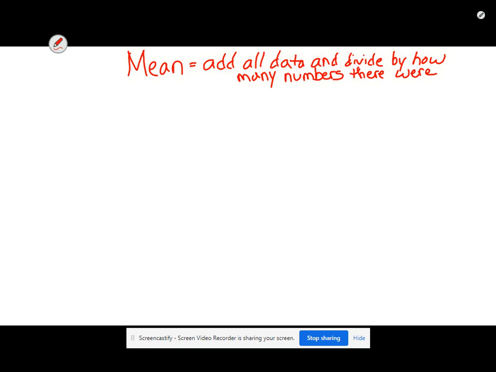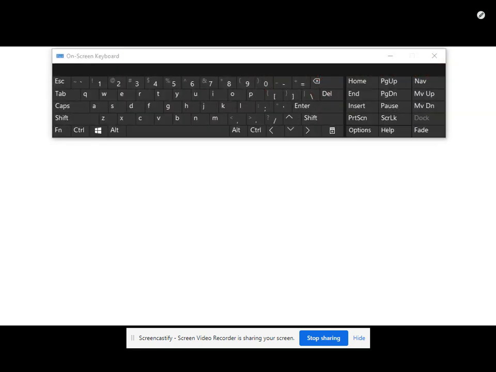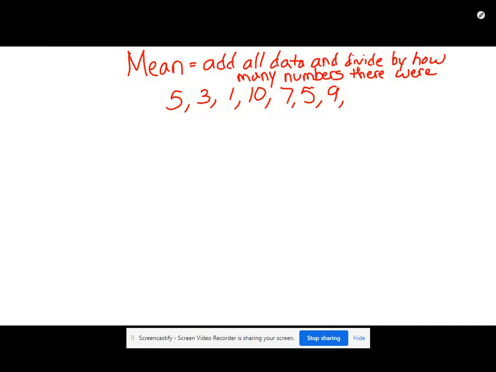So let's do this as our data. Okay, I'm going to do these as my data points.